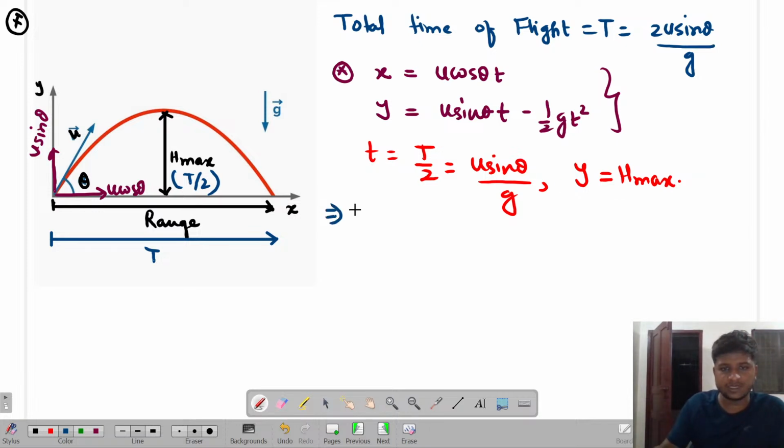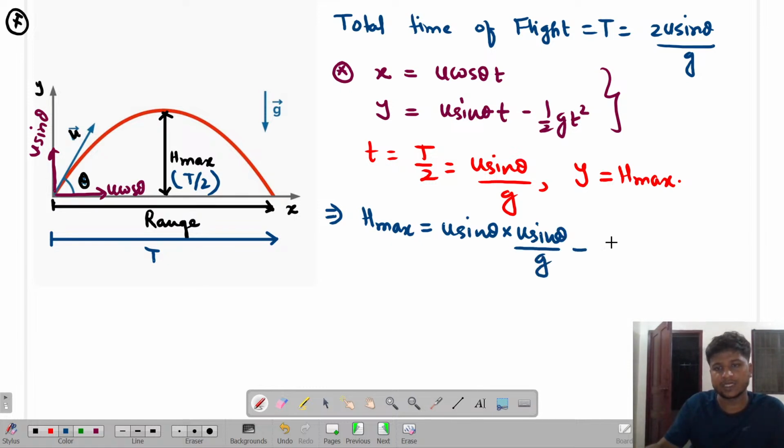So for h max, I can write the equation in y. H max is equal to u sin theta, time t has changed to t half, that is u sin theta upon g, minus half g t square, that is u square sin square theta upon g square.